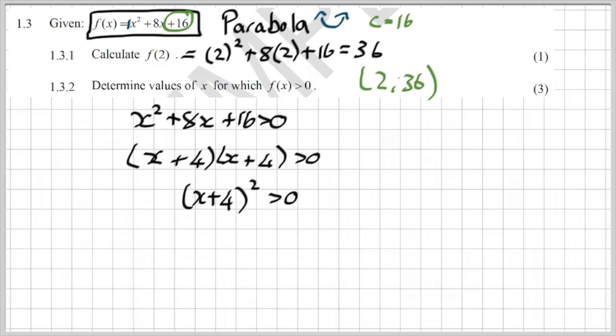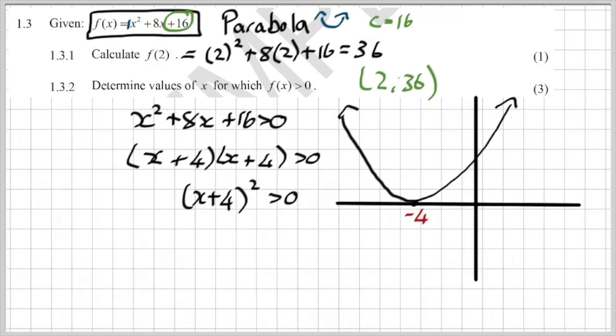I'm going to stop there for a moment and think about where we are going. It is asking me which values of x will make that expression greater than 0. The way that I love to do it is to look at what kind of graph this is. I love to use visuals. This is a parabola, which means my graph looks like that. And the question is, where are the y values greater than 0?